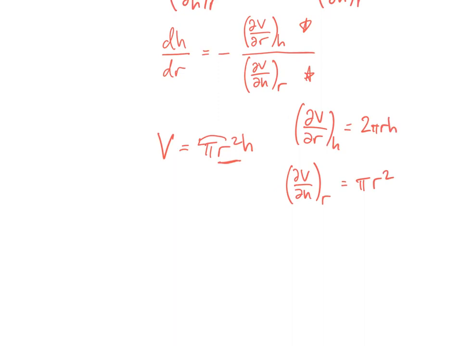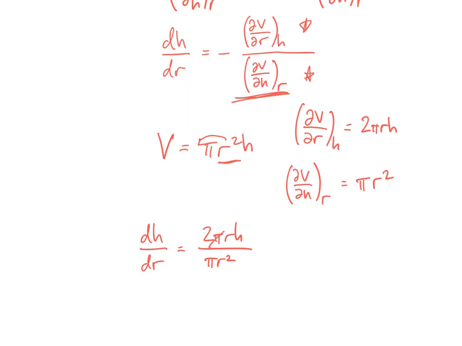If I plug those into my formula here, then I get that h changes with respect to r as 2 pi r h divided by pi r squared.